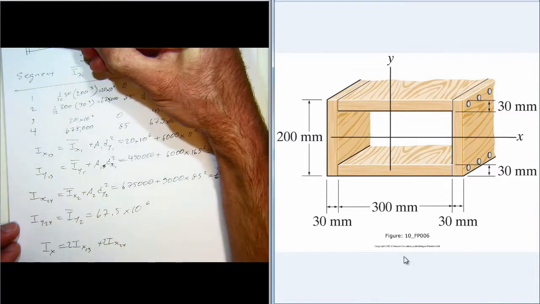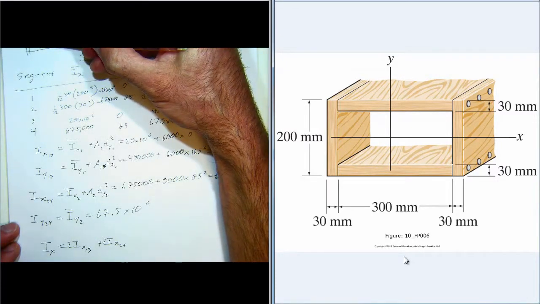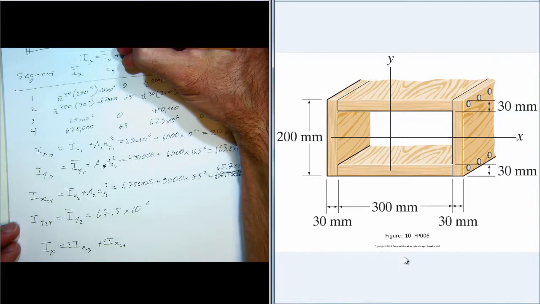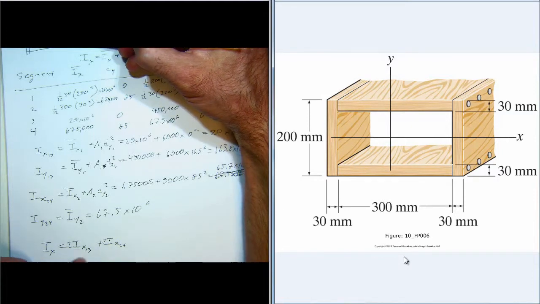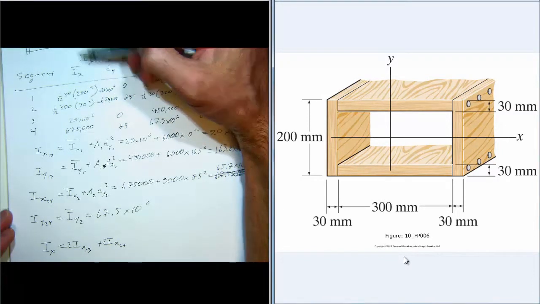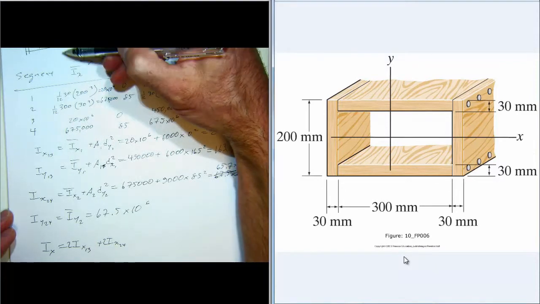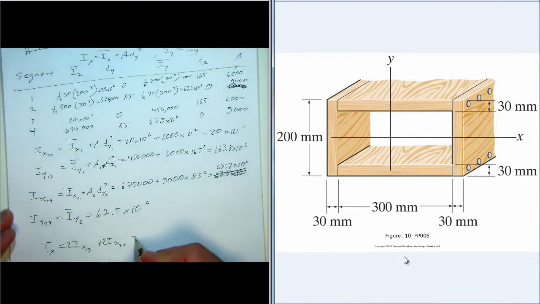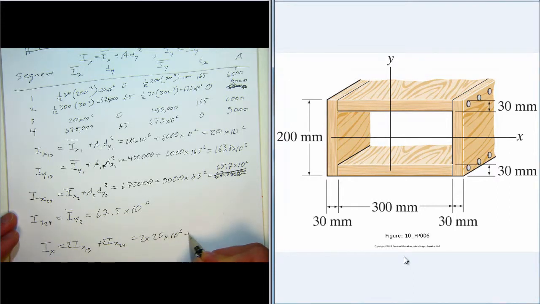So we have the moment of inertia of this one, which is Ix1. This one, Ix3, they're equal. Just calling them Ix13. So 2 of those plus 2 of these. And so that's 2 times 20 times 10 to the 6th plus 2 times 65.7 times 10 to the 6th.